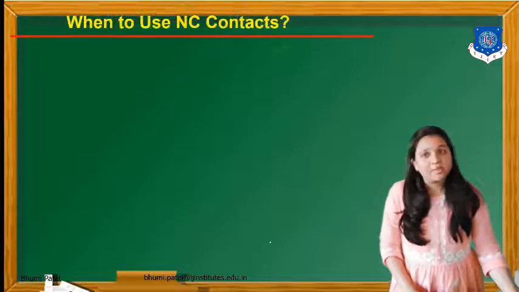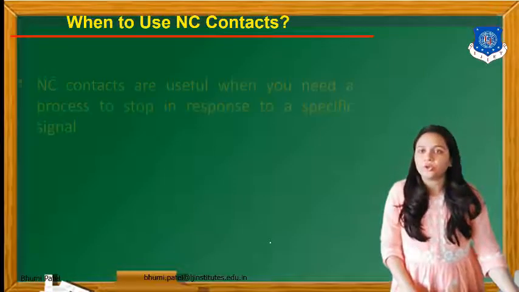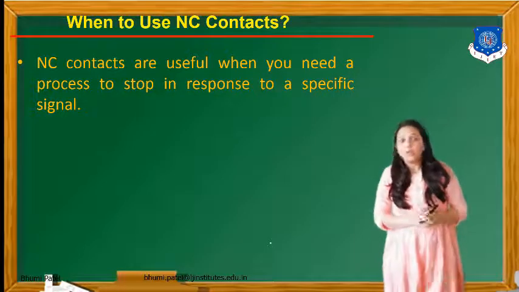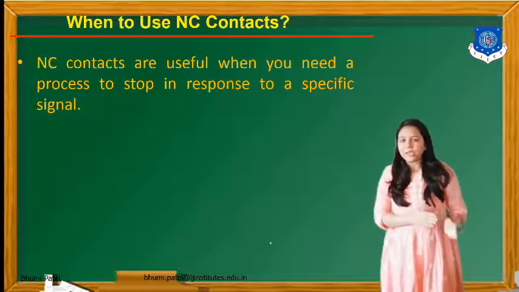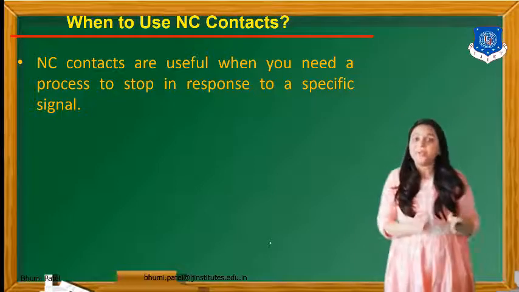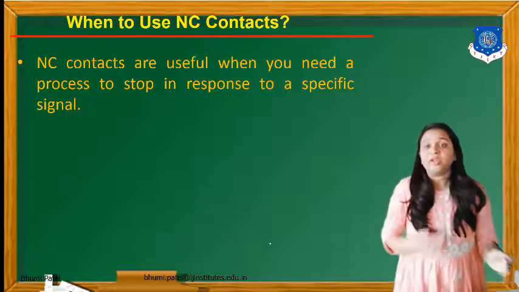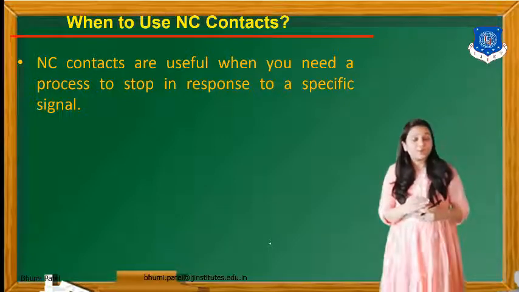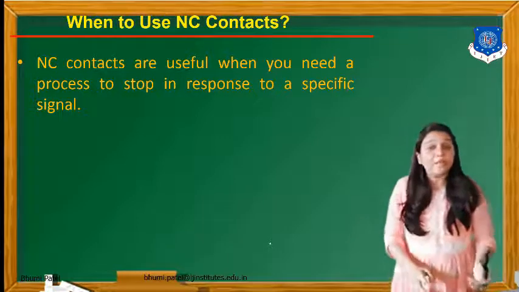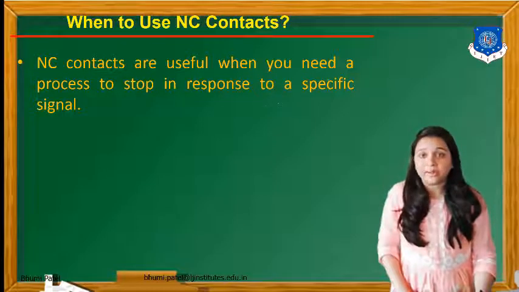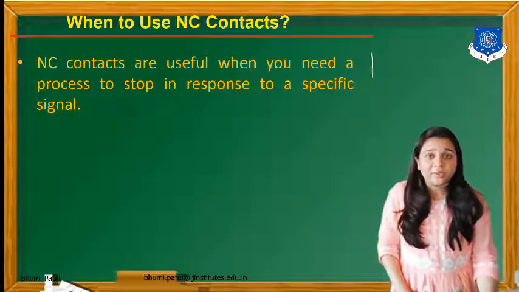The next one is when to use the normally closed contact. Normally closed contacts are useful when you need a process to stop in response to a specific signal. As you remember, we can use a normally closed contact in the NAND gate. What is the NAND gate? It is the complement of the AND gate. So what is the ladder of the AND gate?